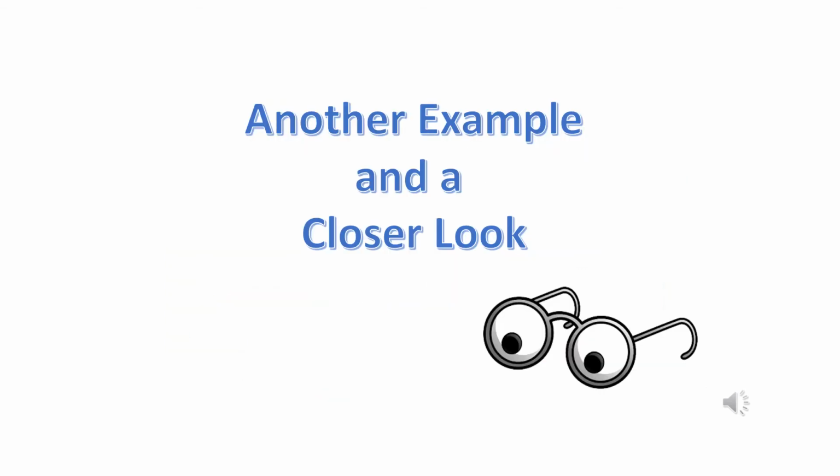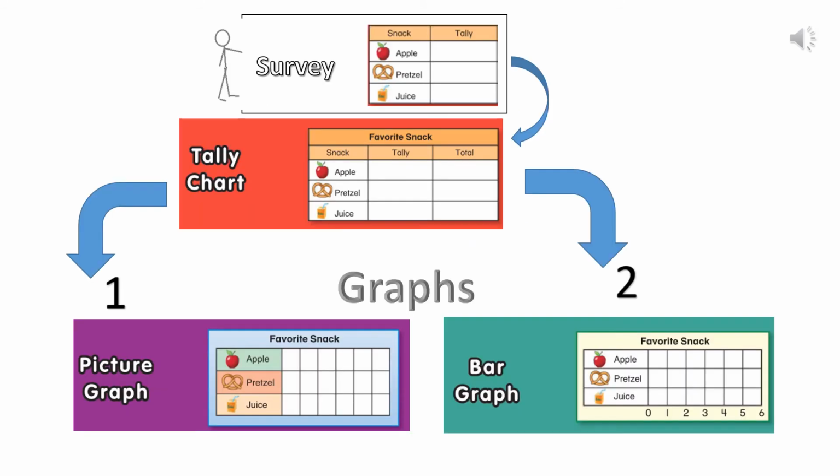Now let's look at another example that gives us a closer look at how these things work together to produce graphs. This page again shows us the big picture of how these different parts work together. You would use a survey to gather information or data, and you would put tally marks on your survey to keep track of what the answers are.